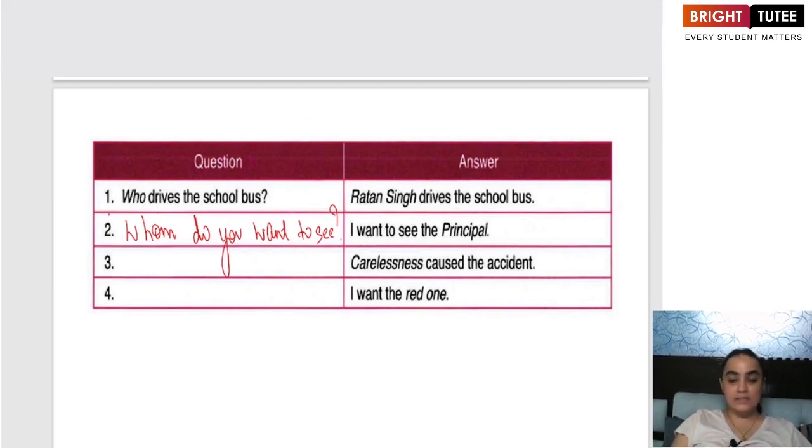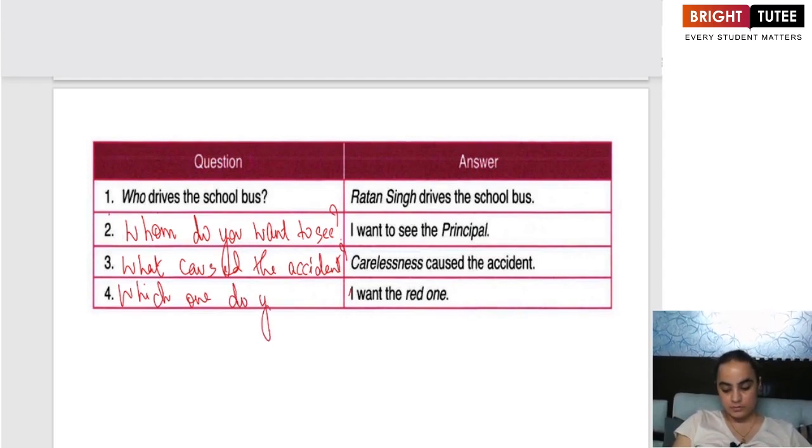Carelessness caused the accident. So, what caused the accident? Carelessness. I want the red one. Which one do you want? I want the red one.